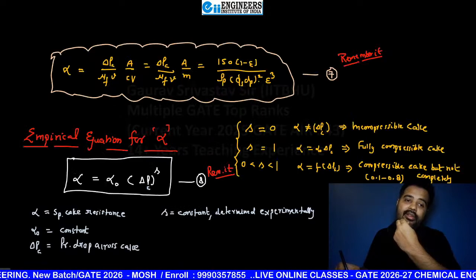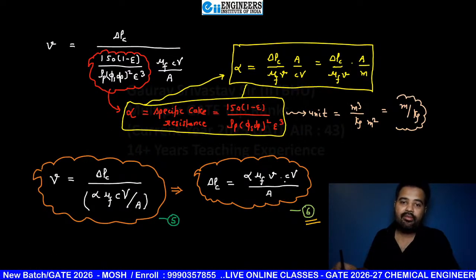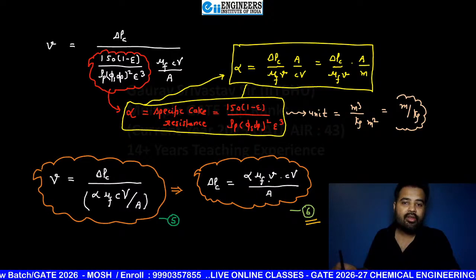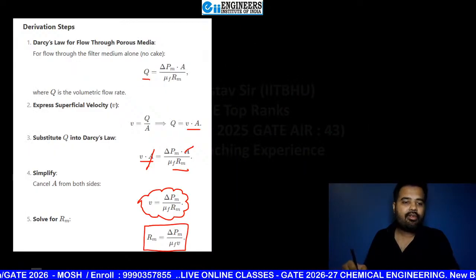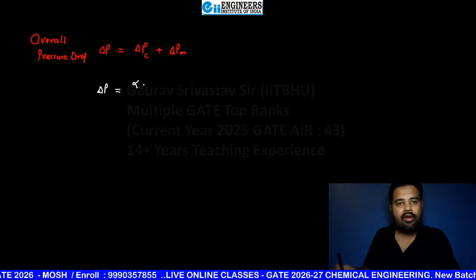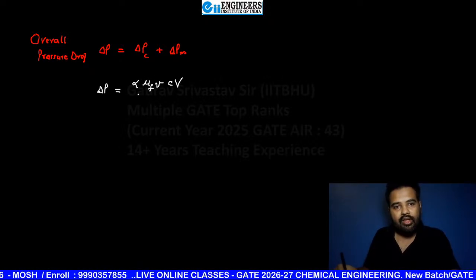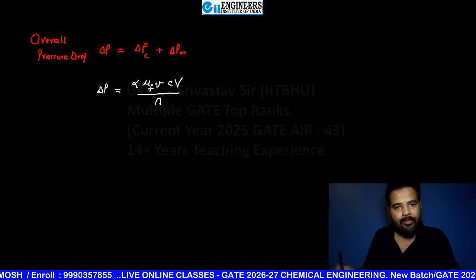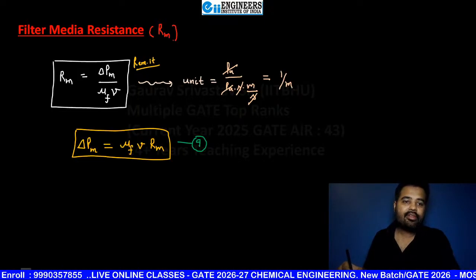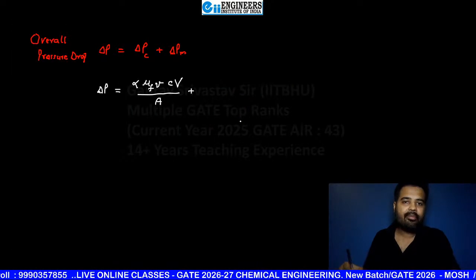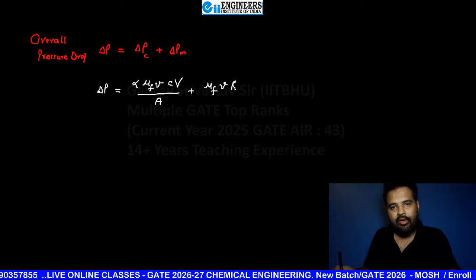Alpha mu CV upon A into V, so alpha mu V CV upon A, plus what is delta Pm? It's mu f V Rm.